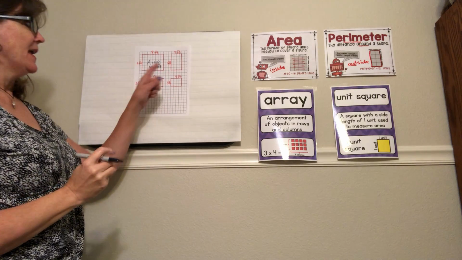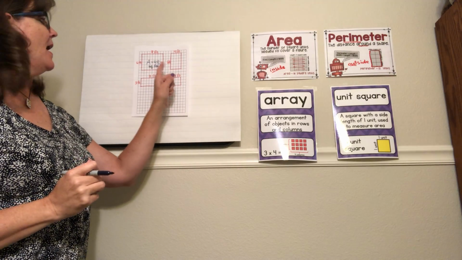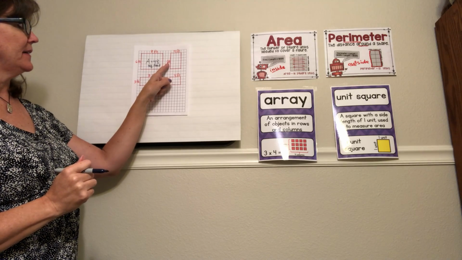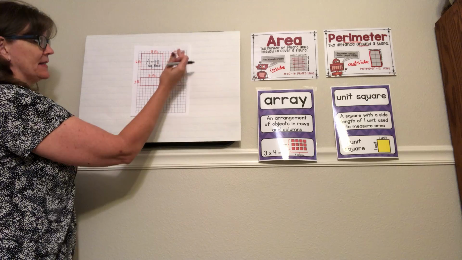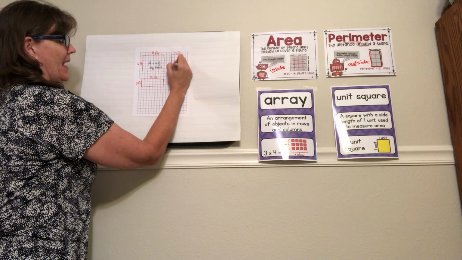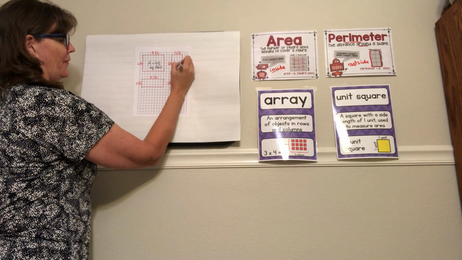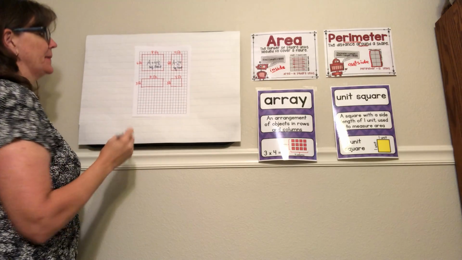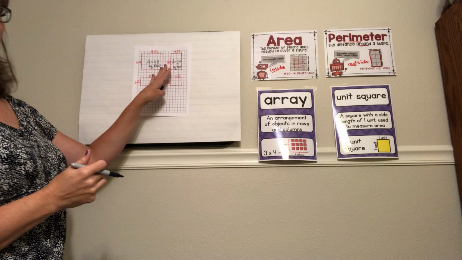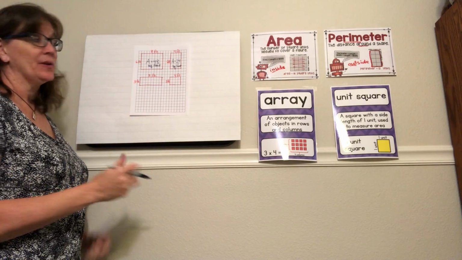Now this rectangle next to it, I have 6 feet and I have 4 feet. If I multiply 6 feet times 4 feet, the area is 24 square feet. Now what did you notice about these rectangles?